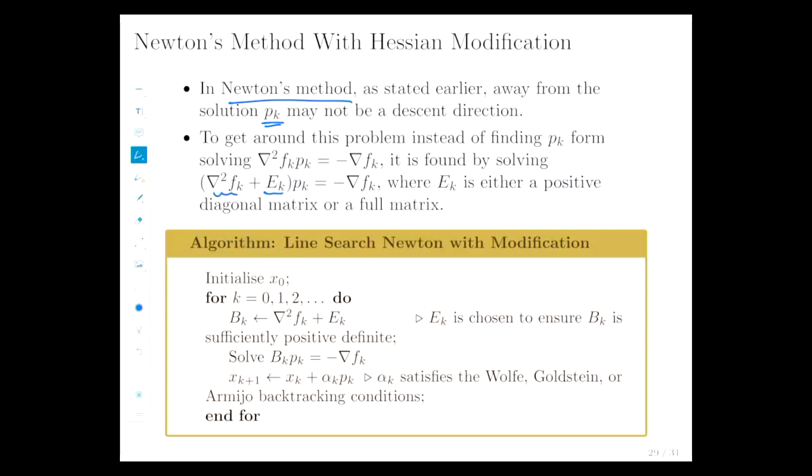Intuitively, if I have a symmetric matrix that is not positive definite, and I add a very positive definite matrix to it, what do we expect to happen? Yeah, we expect it to become positive definite.